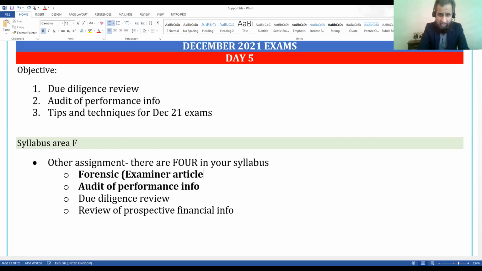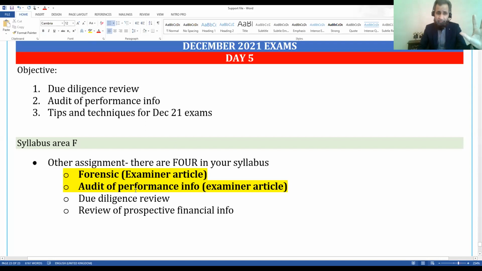There is an examiner article, the ones I recommended you on the day 1 to read, and there is an examiner article for this as well, the one I recommended you today to read. So at least out of the 4 other assignments, 2 of them have an examiner article. So can you cover up the knowledge areas from this? Yes. But for the other 2 assignments, due diligence has no article, and review of prospective financial information has no article.